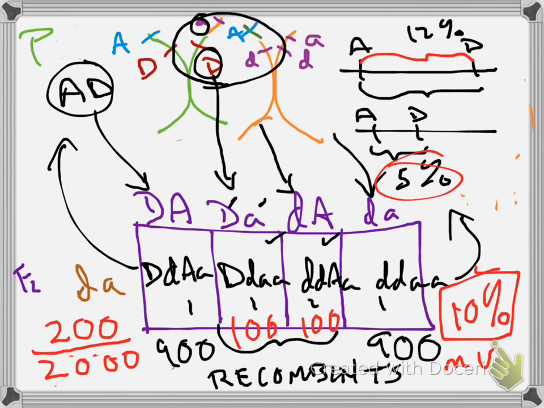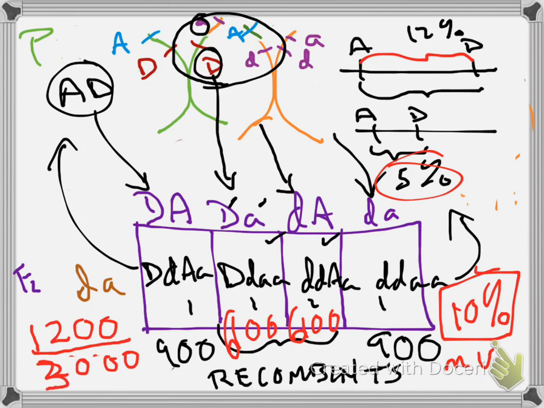If these recombinants were more likely, all right, let's say, I don't know, so these were 600, to make my math easy again. So then you get 1,200 total, okay, over 3,000 total, right?